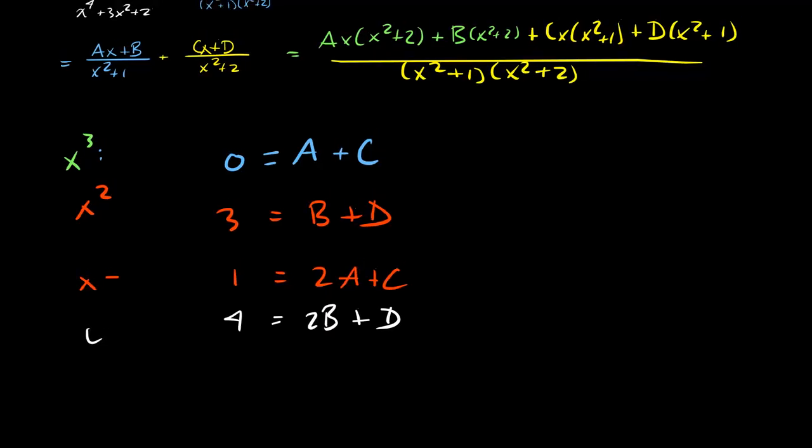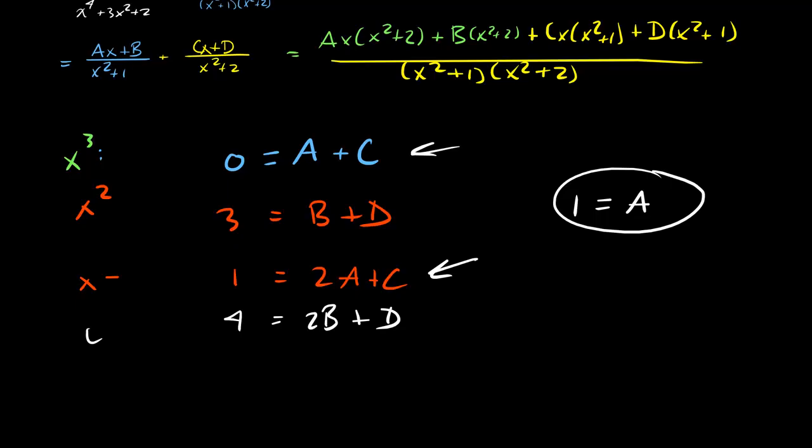You could decide where you want to do that. You could either use a matrix here, or you could do it the old-fashioned way. Since it's pretty nice, let's think about these two terms here. If I subtract the blue from the red, I'd have 1 minus 0 is 1, equals 2a minus a is a, c minus c is gone. So a is equal to 1.